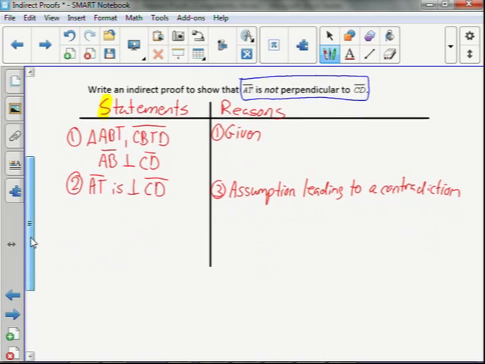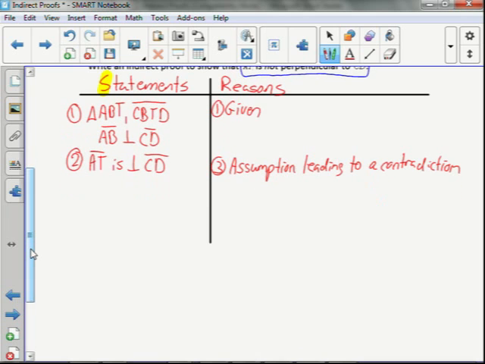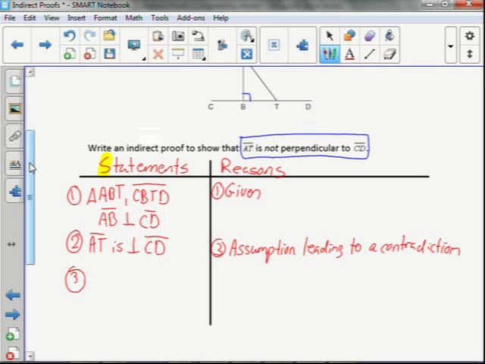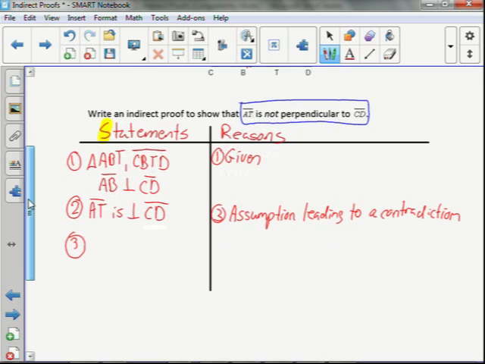So let's follow. What do we do? Well, normally after perpendicular lines, we say we have right angles. So I'm going to call this angle 1, and let's call this angle 2 over here. Okay.